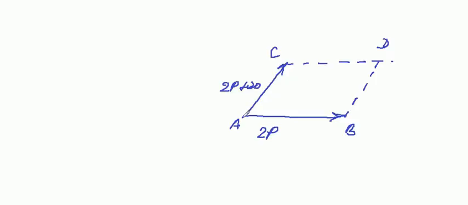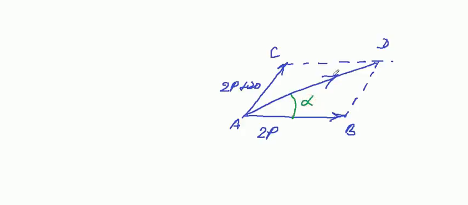The resultant is obtained by joining the initial point and the final point, A and D. The resultant will change, but the direction does not change, which means the direction remains alpha.